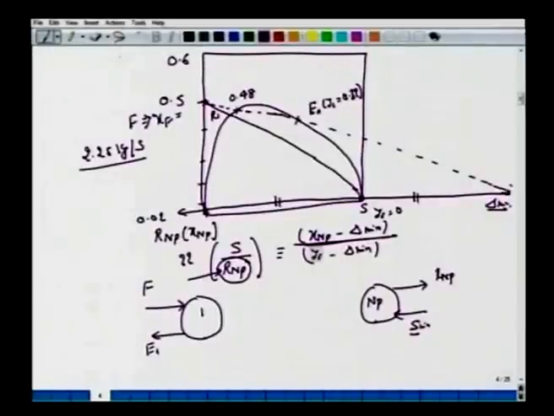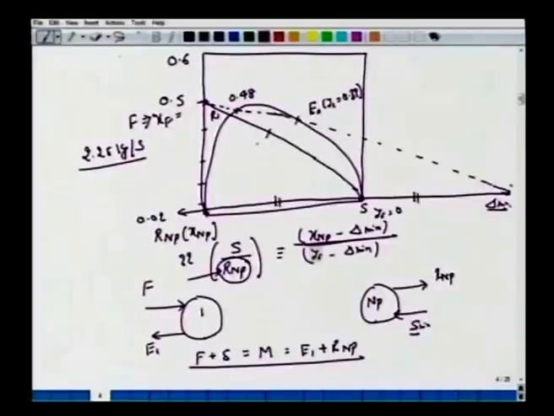So we are writing the equation F plus S equals M, which equals E1 plus RNP. We know the amount of feed here, so based on this F and S, we have XM. We can find out XM.